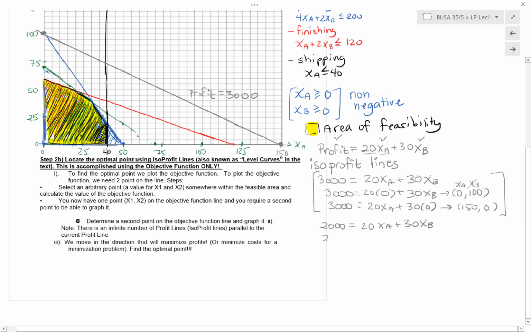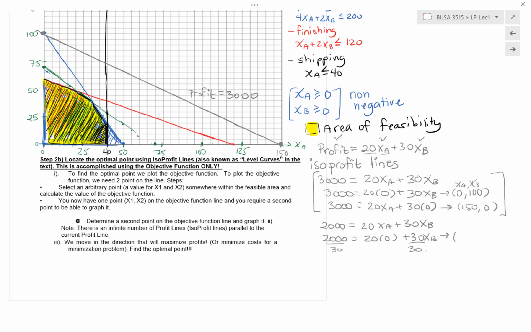Now we have 2,000 equals 20 times 0 plus 30 times XB. 2,000 divided by 30 gives us, forgive me, 66.7. So when XA is 0, XB is 66.7.